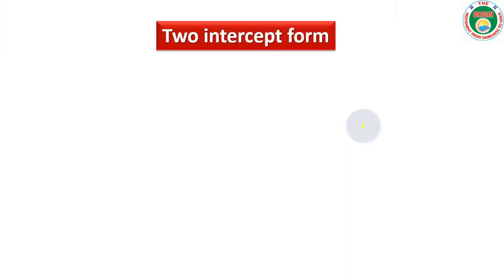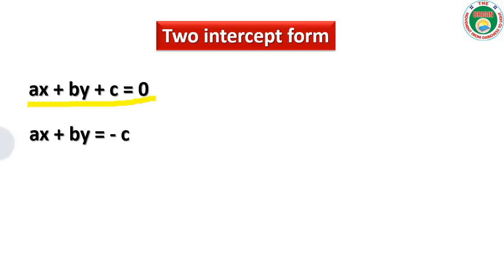And the next concept is two-intercept form. The general form of a straight line is ax plus by plus c equal to 0. Transpose c to the RHS, plus c converted into minus c. Then ax plus by equal to minus c.